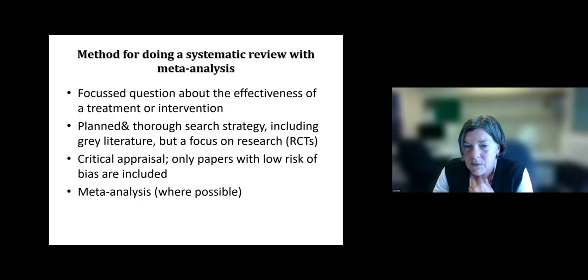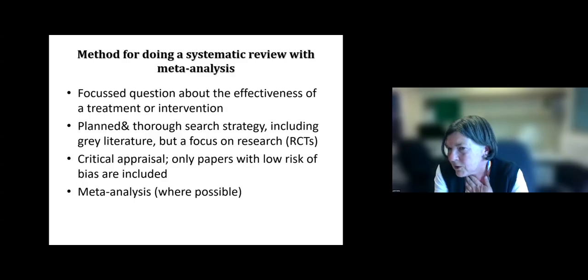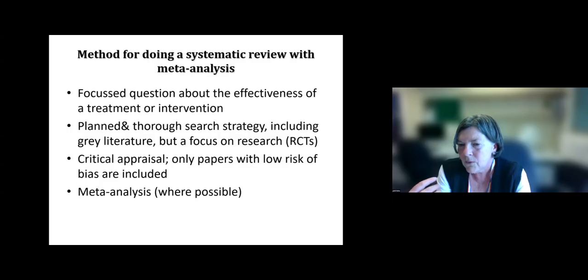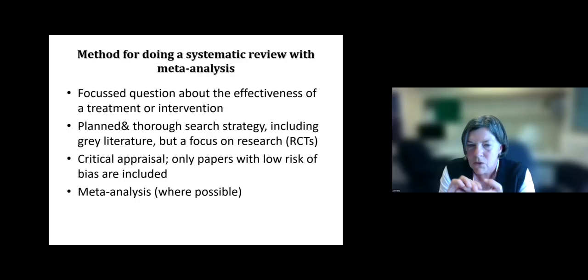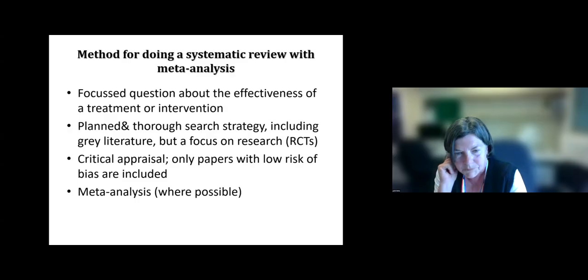You need a planned and thorough search strategy, including grey literature, but the focus for these original studies is always research, and it's always randomized controlled trials, where you divide a group in half, just like they did with the COVID vaccination. One half get the treatment, the other don't, and you watch and wait and see how individuals fare in each group in order to tell the effectiveness of the treatment or the intervention.